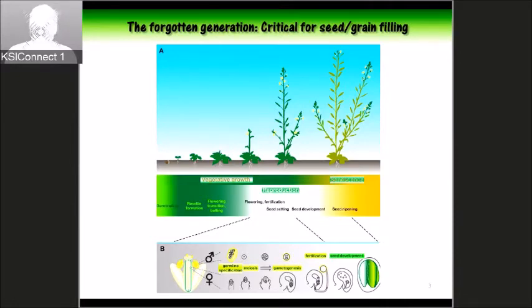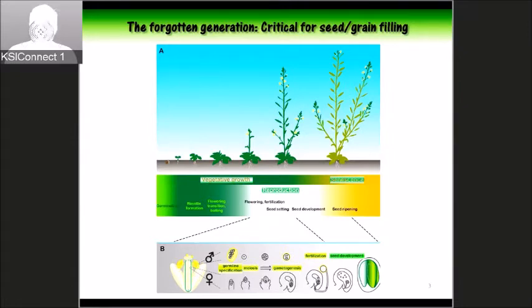But the forgotten generation, which should not be ignored if you really want a higher seed yield, is the flowers, and not even the flowers, but what is hidden in the flowers: the male and female germline. That is shown in the bottom part of the slide. I'm not going to go into detail on gametophyte development because of the very minute structures, but I would like to emphasize it's an important phase.